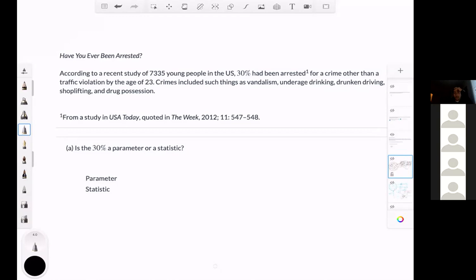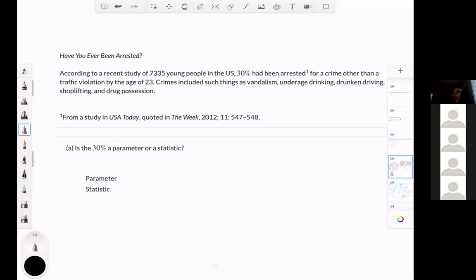For example, I'm going to ask Musa. I don't ask him that much, but Musa, is this parameter or statistic? I know you need to read it, so there's not enough time. Catherine, do you think it's parameter or statistic?